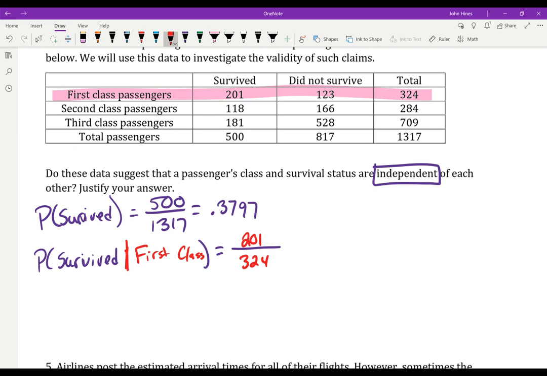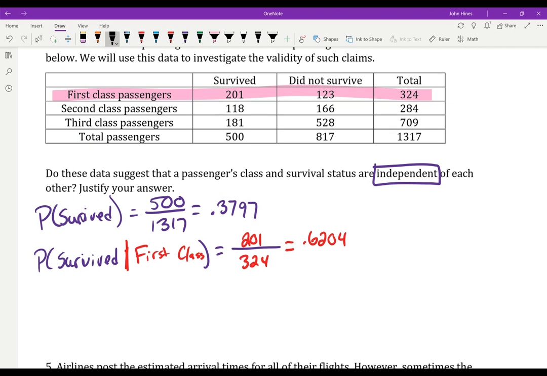And if I find that ratio, 201 divided by 324, I get 62.04%. So let's look at this. If you just pick someone randomly from the Titanic, there's about a 38% chance they survived. If you pick from just the first class people, 62% of the first class people survived.